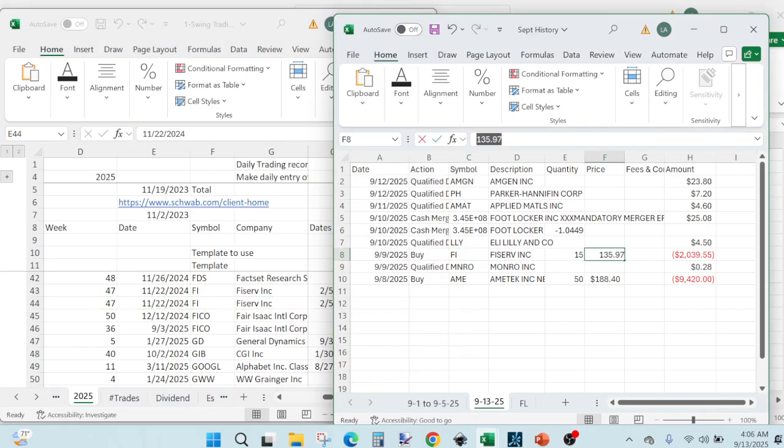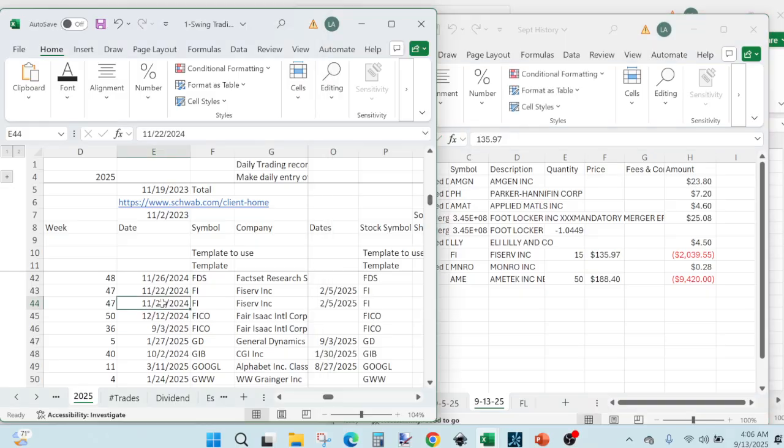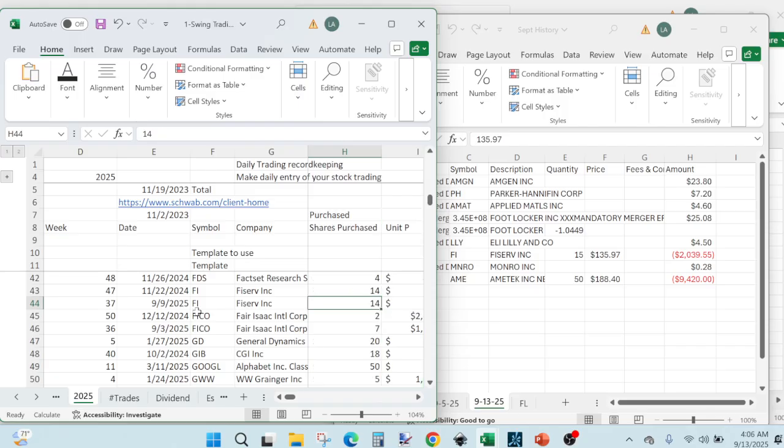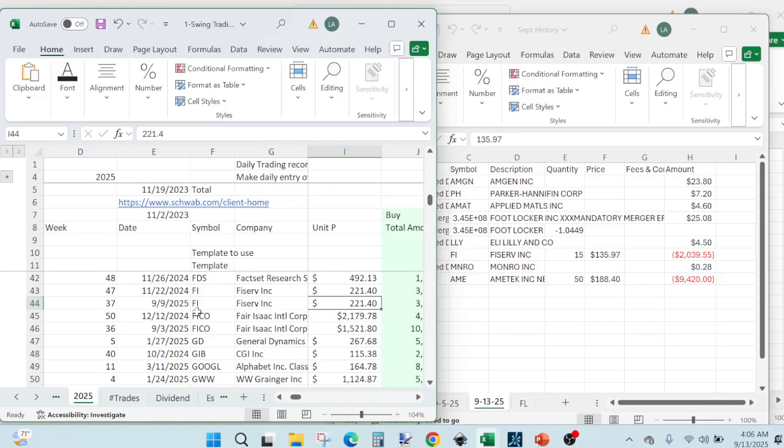I'm going to copy this price here to minimize error: 9,925. We purchased 15 shares for that price.